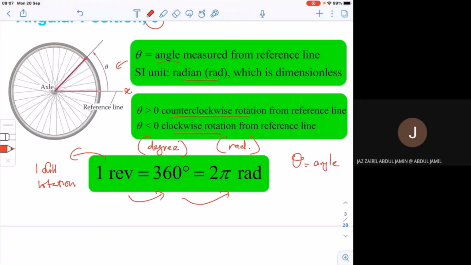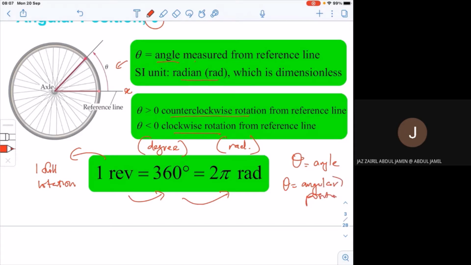But in the topic of angular position, we will also use theta. That means theta is also equivalent to angular position.